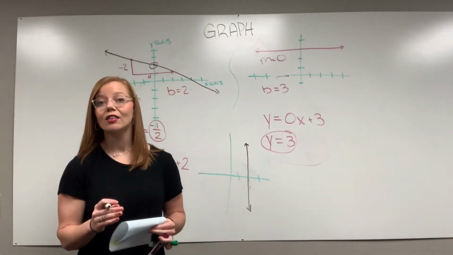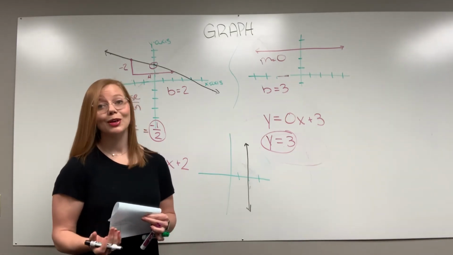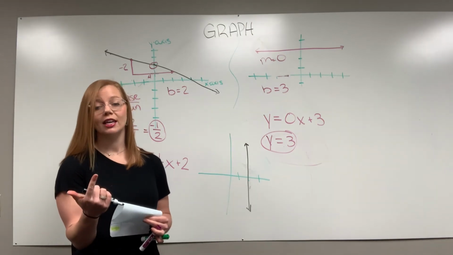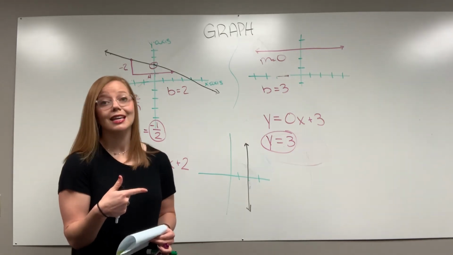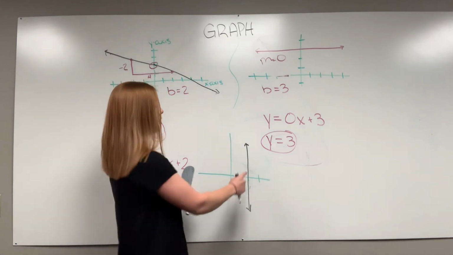It's parallel to the y-axis. Whenever I'm writing an equation of a line in slope-intercept form, I typically need the slope and I need the y-intercept. However, does this one cross the y-axis? Does it intercept the y-axis? No, it never crosses. It runs parallel to it.